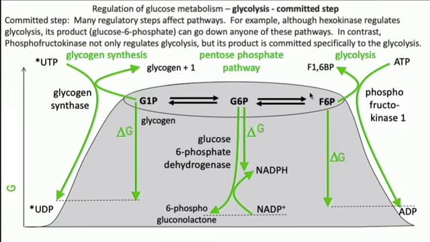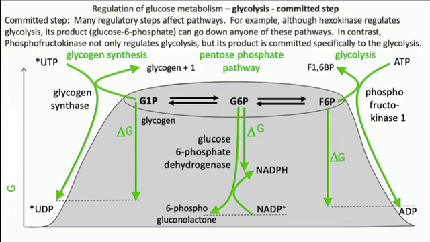Looking again at glycolysis, I want to clarify the difference between regulation and a key committed step in regulation. Of course, phosphohexoses are formed by hexokinase and isomerases.